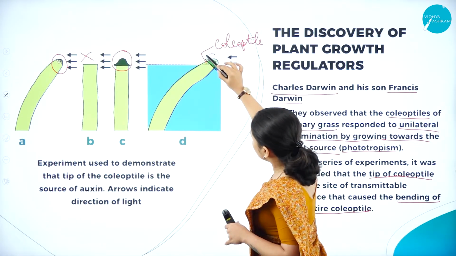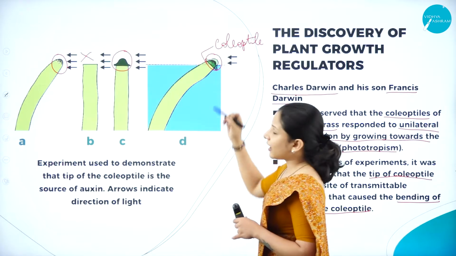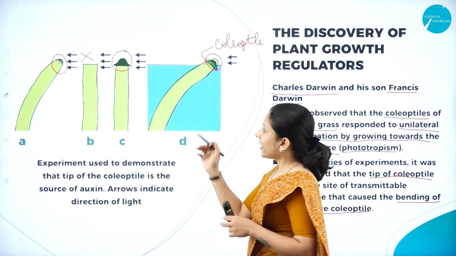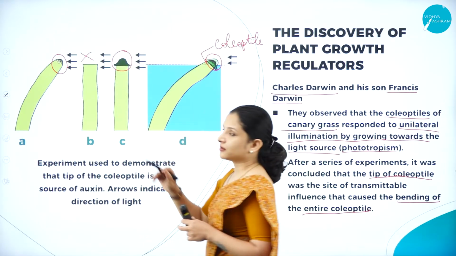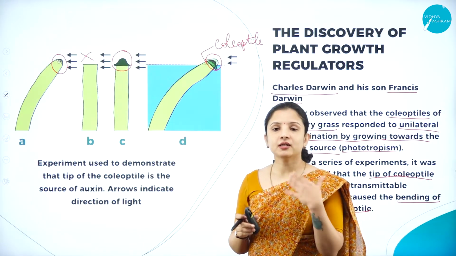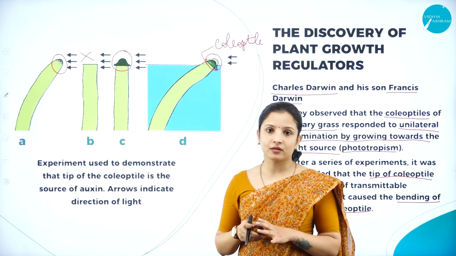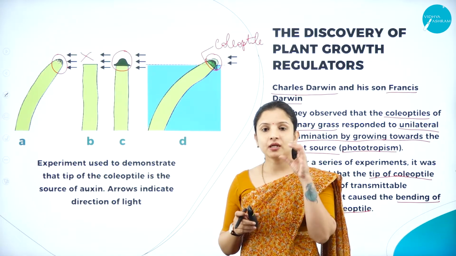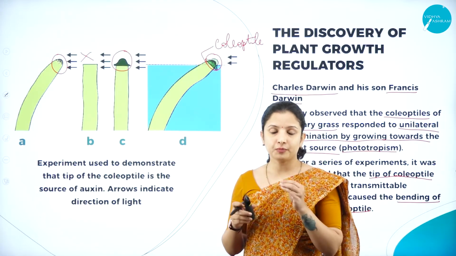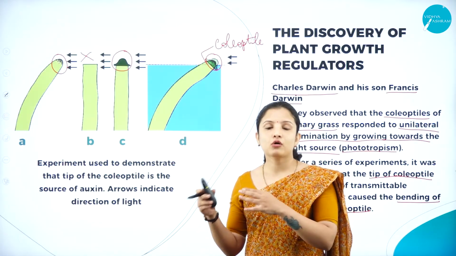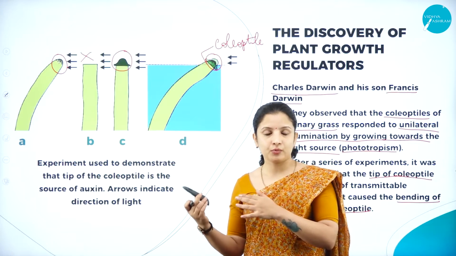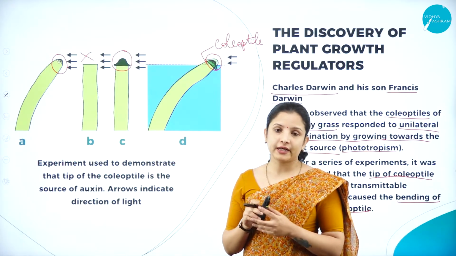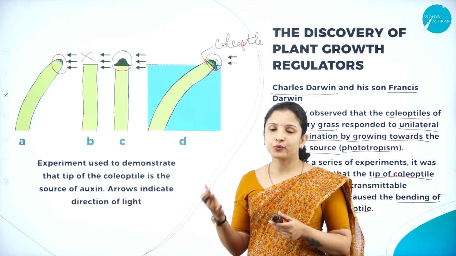He put the agar block on that, and after a few days he removed that agar block and put it on the cut tip again. Now he noticed that the shoot tip was growing, and that is when he found out that something from the tip of the coleoptile got transmitted into the agar block, and when that agar block was put on a cut coleoptile, it started to grow properly.